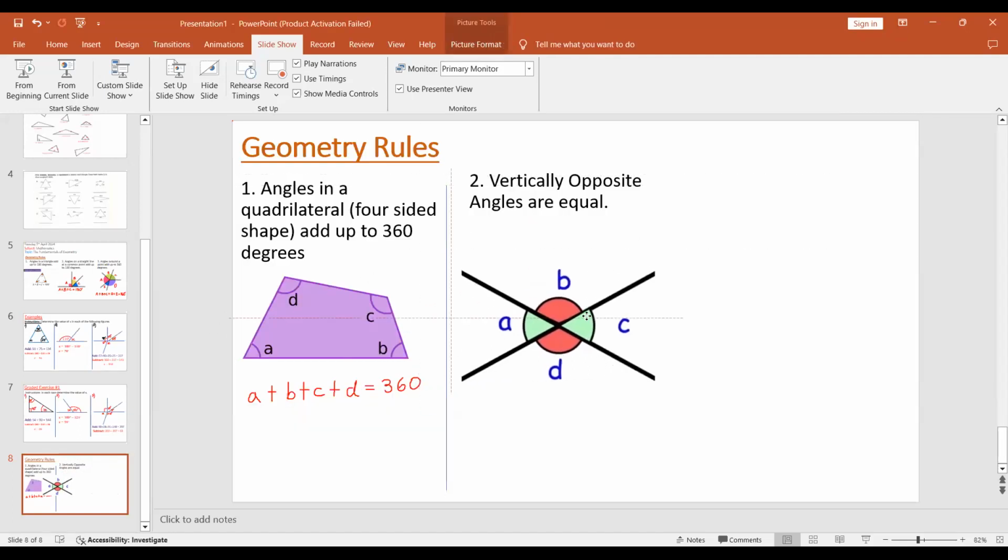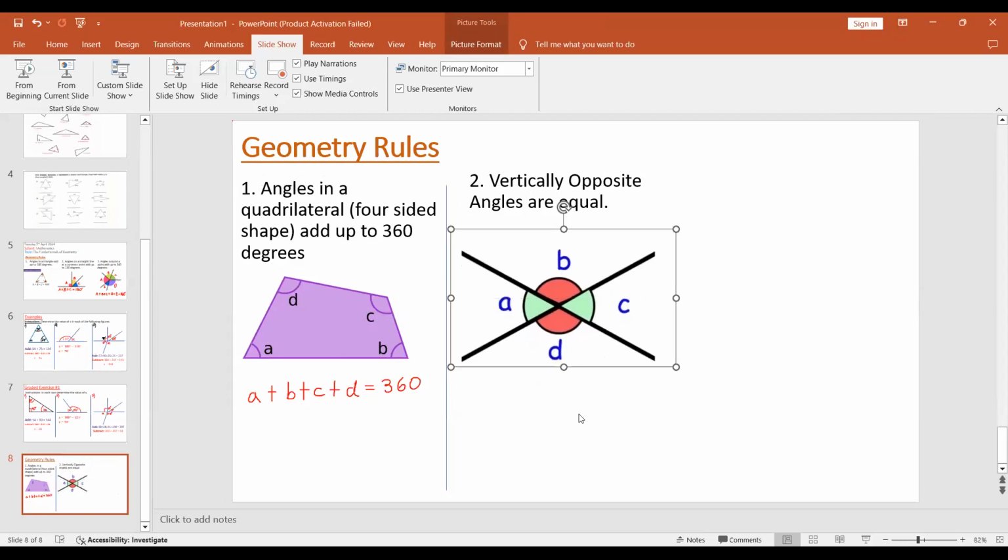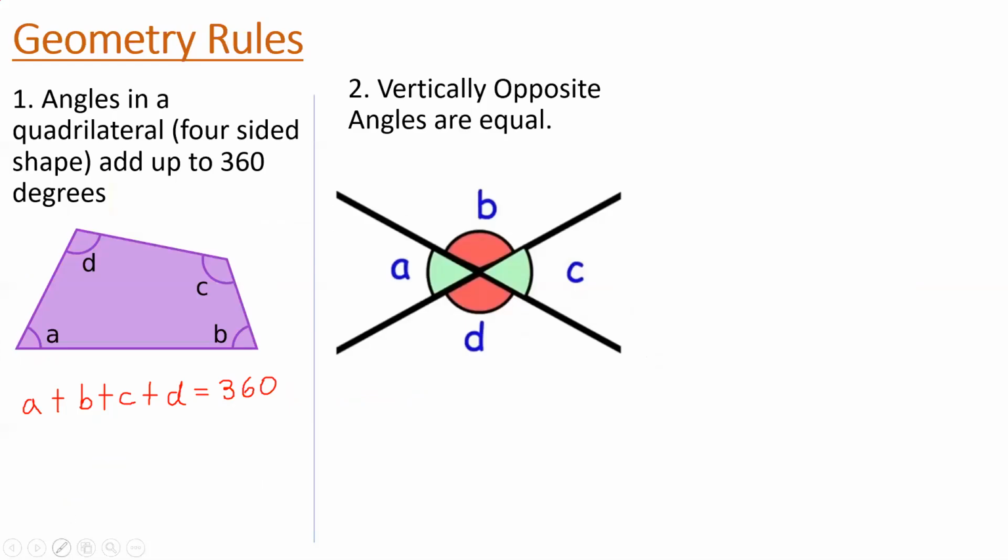So let me show you the vertically opposite angles. We have angle A and angle C. These are what? Vertically opposite.